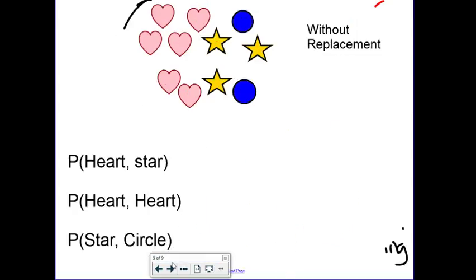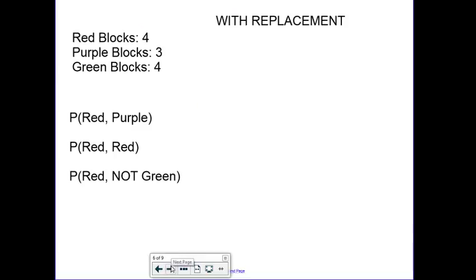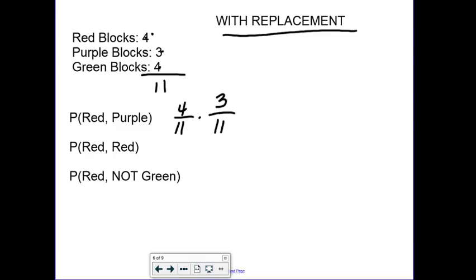Last thing we're going to take a look at, I have one more slide. This is with replacement. We're just going to set the red block, 4 out of 11, times pulling a purple block. With replacement means that I pulled that red block out and then I put it right back in. So when I pulled, there were still 11 total. Purple block is 3.